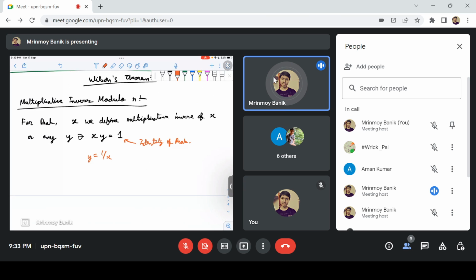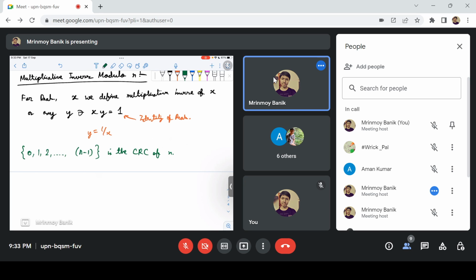So now let's move back to our set of, not reduced residue, the complete residue class. So its elements are 1, 2, 3, 4 up till n minus 1, the complete residue class of n. So let's take a concrete example.